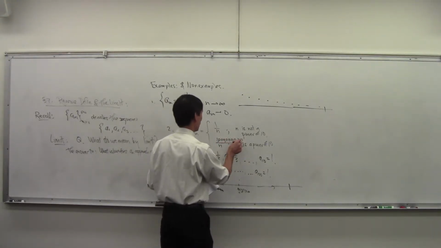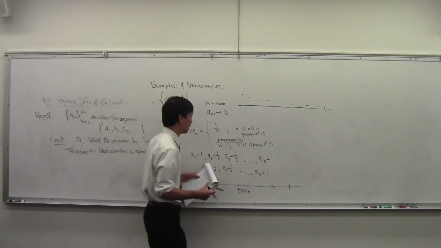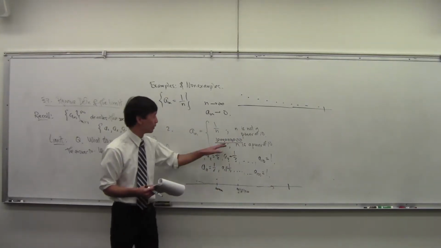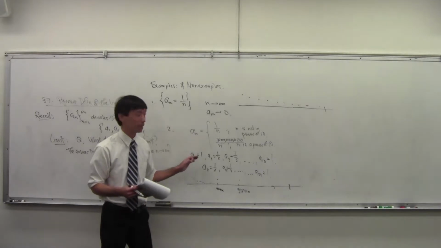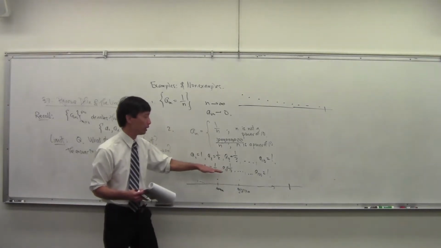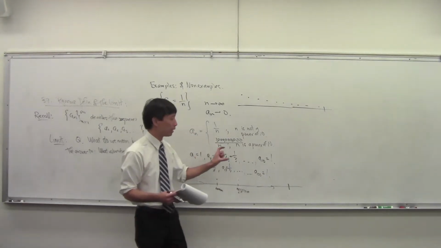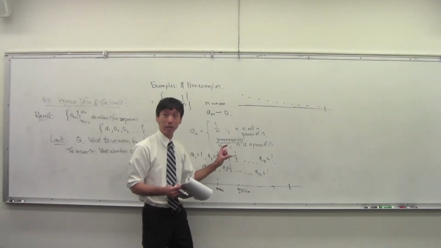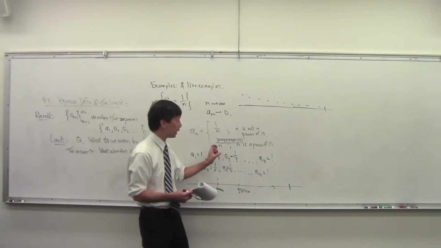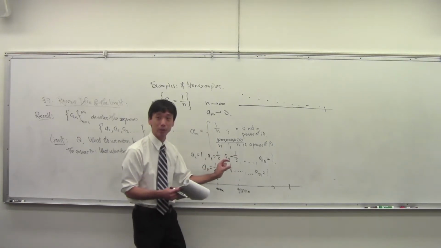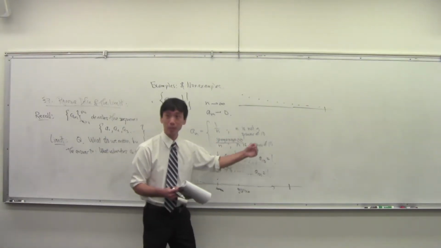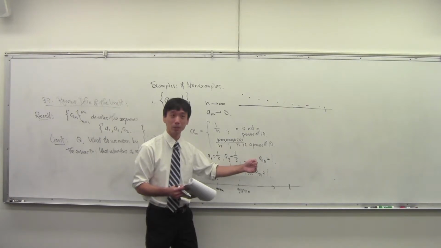That's actually okay, right? Because if I say I want everybody to stay within a half of 0, well, can you find me a time past which that happens?